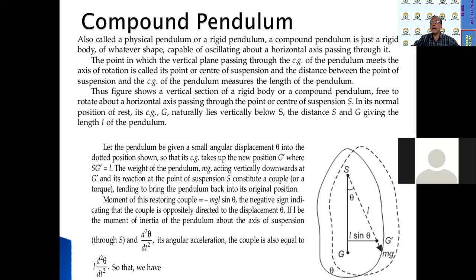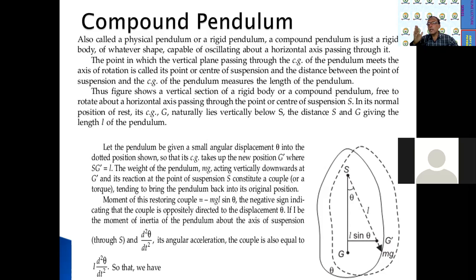But in addition to that, we have also seen that this method of determining the value of g by using the simple pendulum has some disadvantages. There are some drawbacks of the simple pendulum, and what these drawbacks are we have seen yesterday.